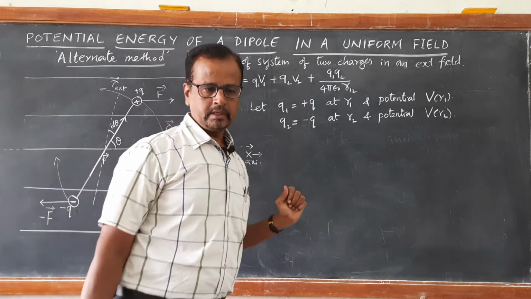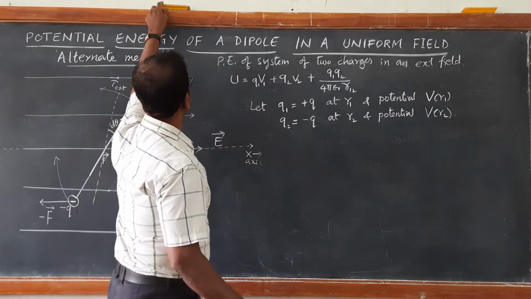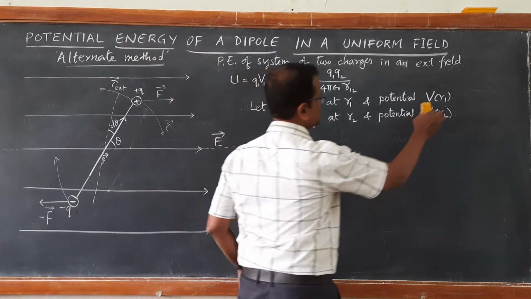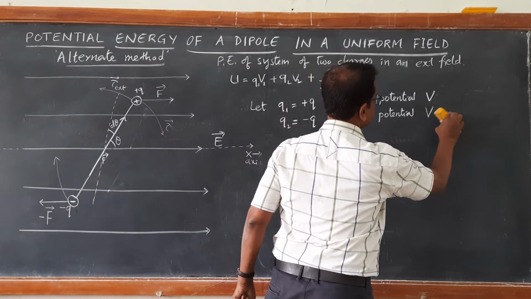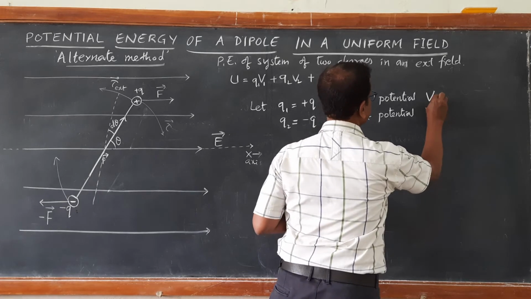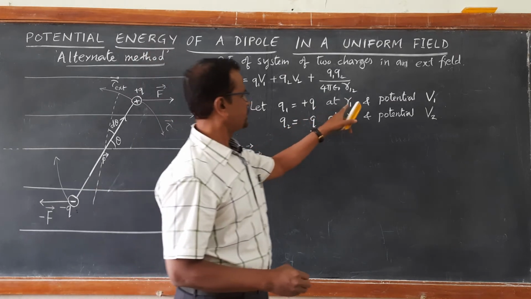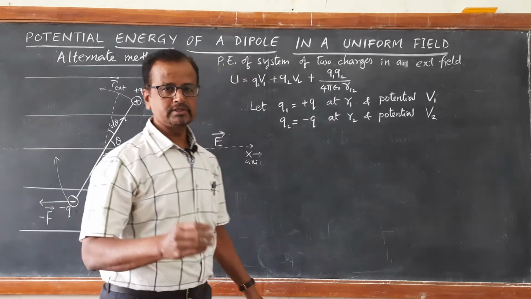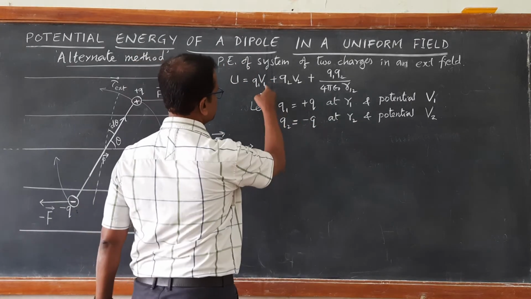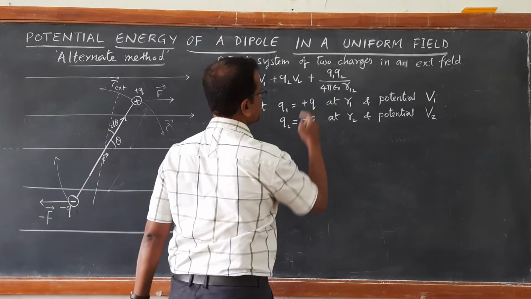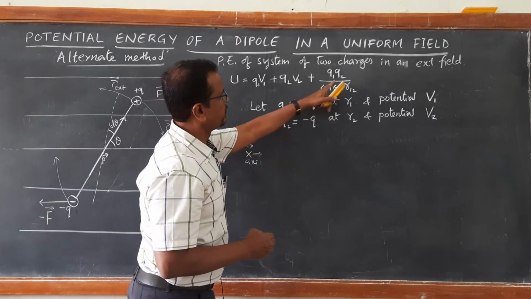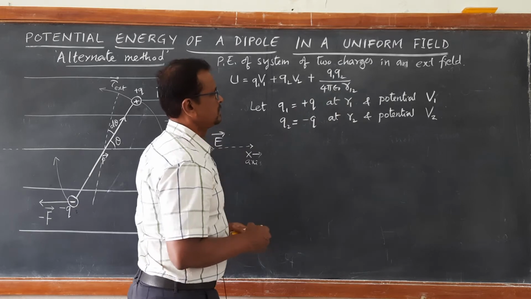So let me write the potential at that position as V1 here, and here as V2, exactly at position R1, exactly at position R2 respectively. Now I can substitute this, and before that I can write what is Q1 Q2 upon 4 pi epsilon naught R12.